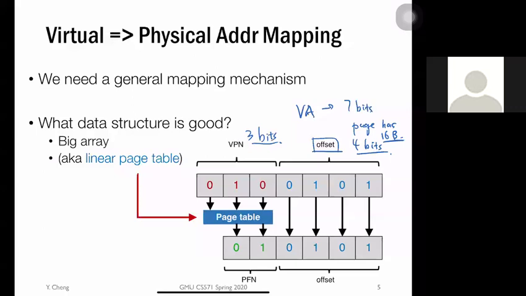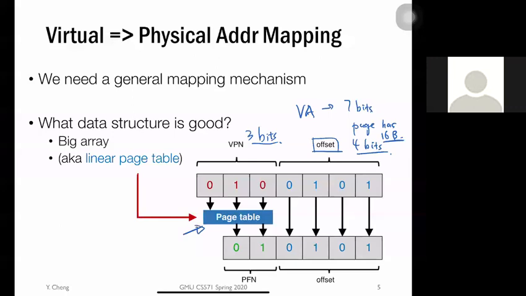The job of the page table is to record such a mapping, from the virtual page number field to the physical frame number field as part of the physical address. And this translation process is supported by what is called a page table data structure.